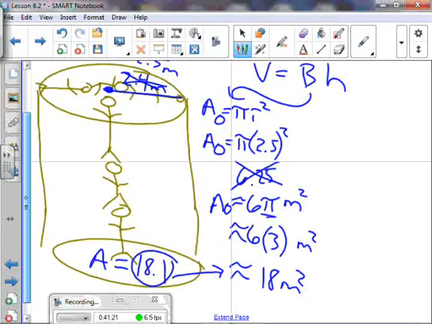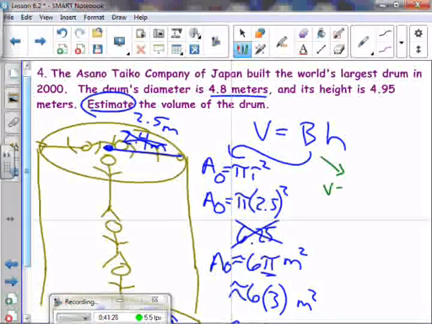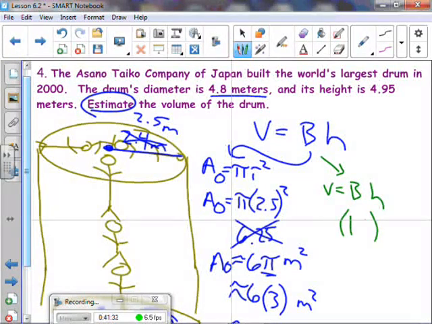Now that I have the area of this circle, I will go ahead and find my volume, because my volume is equal to the area of the base times the height, and I know the area of the base. I just said it was about 18 meters squared, and my height is 4.95. What do you think I'm going to round that to? Sure, it's going to be 5 meters.